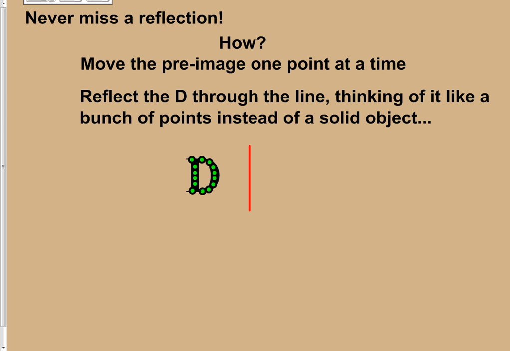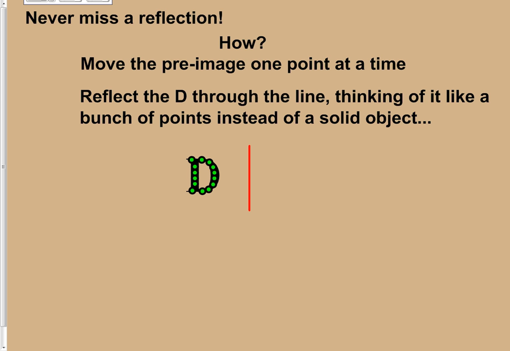It's not because they're so terribly difficult, it's just because we get in too big of a hurry and it causes us to make silly mistakes, especially if our mirror, our plane of reflection, is not perfectly vertical or perfectly horizontal. We have a habit of trying to translate through the mirror rather than reflect.